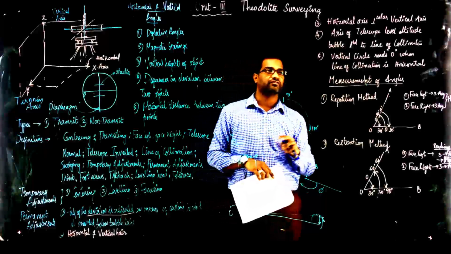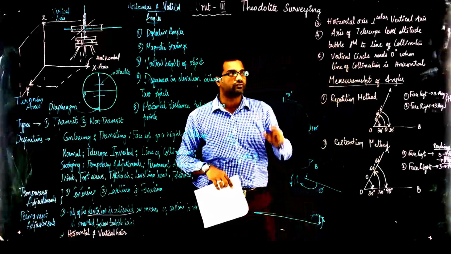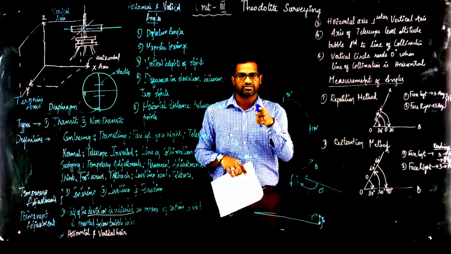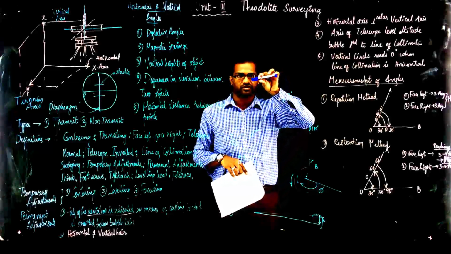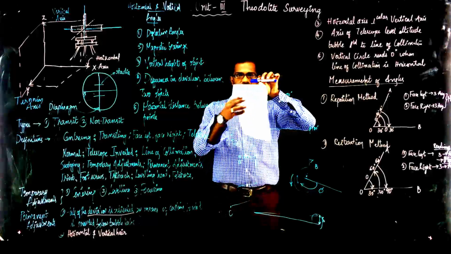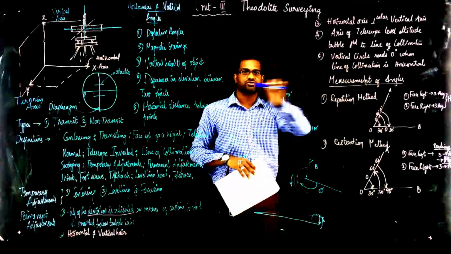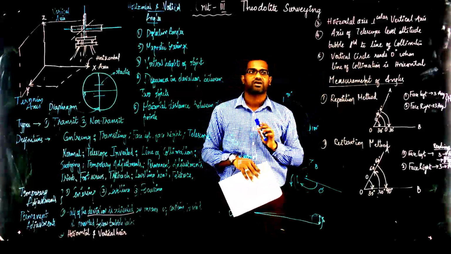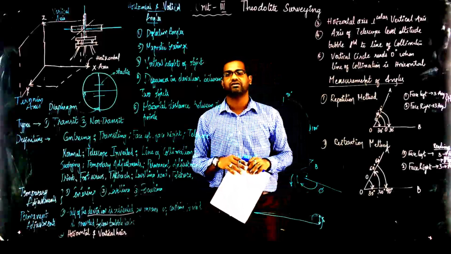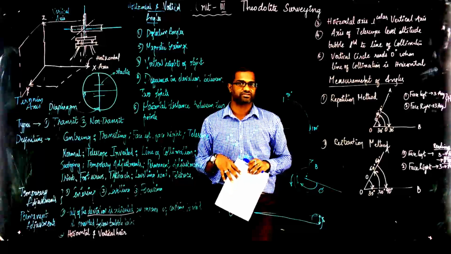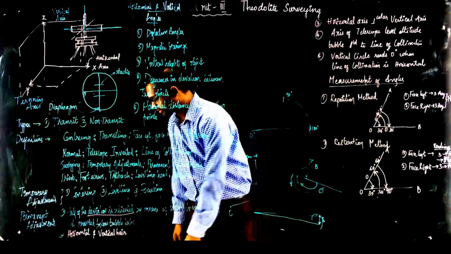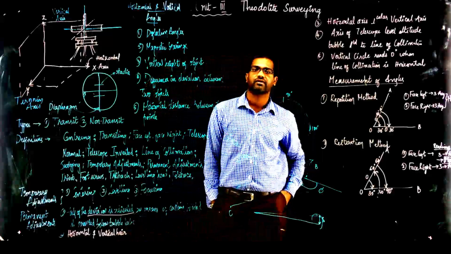And the fifth and final adjustment is that your vertical circle should always read 0 when I place the telescope like this. So these are the 5 permanent adjustments, which are to be done by the manufacturer or when it gets serviced. Finally, we'll talk about how to calculate the angles.